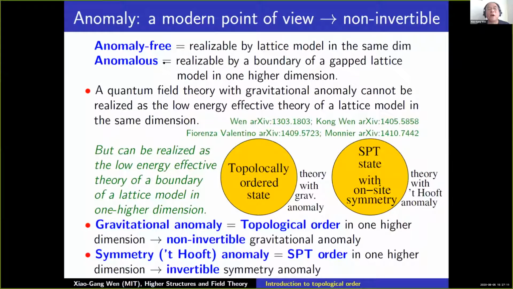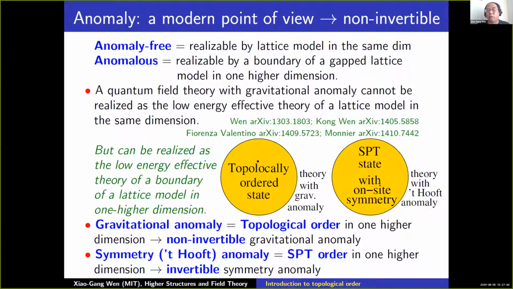We say that anomaly is the obstruction to having a realization in the same dimension. However, even an anomalous theory can be realized as a boundary of a higher dimensional theory. And in this case, anomaly really corresponds to topological order in one higher dimension. From this point of view, we see that this anomaly is more general, and in general non-invertible, because topological order in higher dimension is in general not invertible.